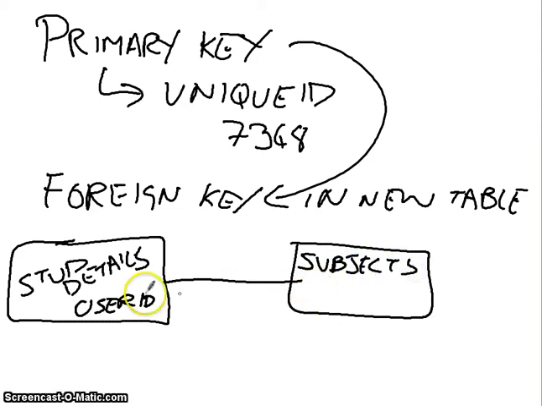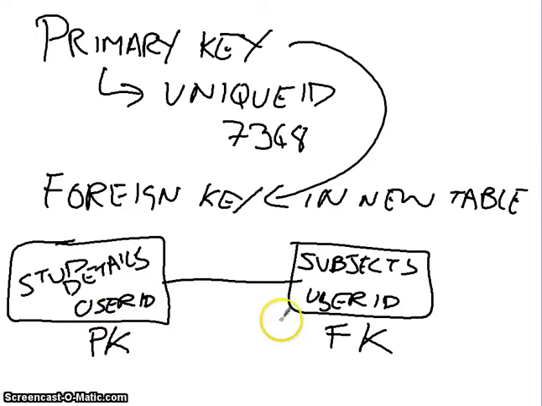And in here, I would have to link these two together. So I put user ID in this one. So the user ID in here is a primary key, but in here, it's a foreign key because we know it's unique somewhere else. And in order to link these two tables together, we use it in this table, which is great.